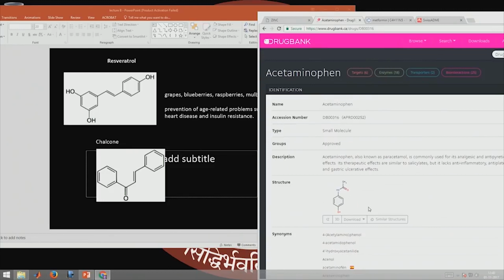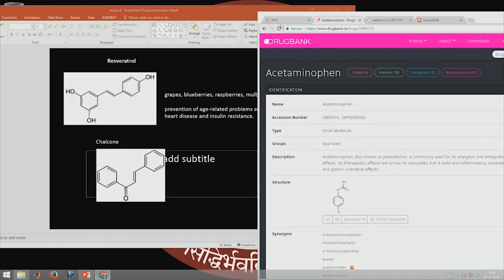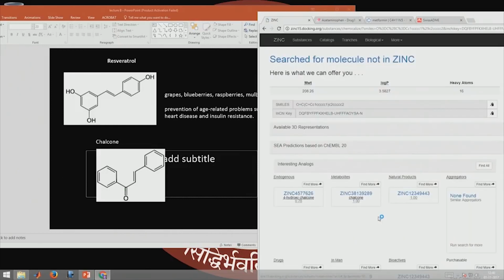A lot of these types of details are given, okay. So, we can move the Smiles notation from one software to another and get properties if they are available, or we can search for similar structures if they are available, okay.